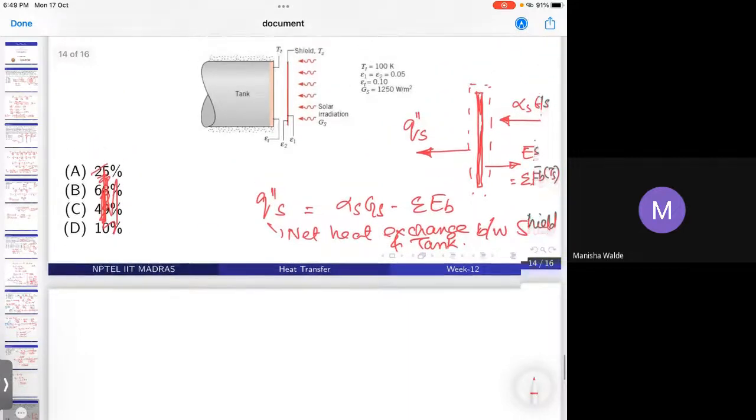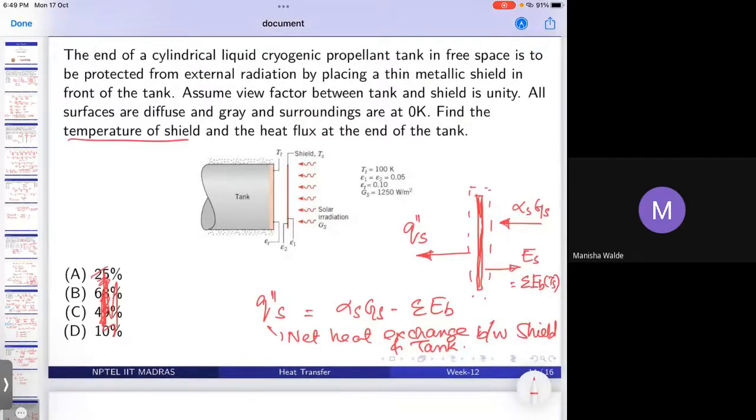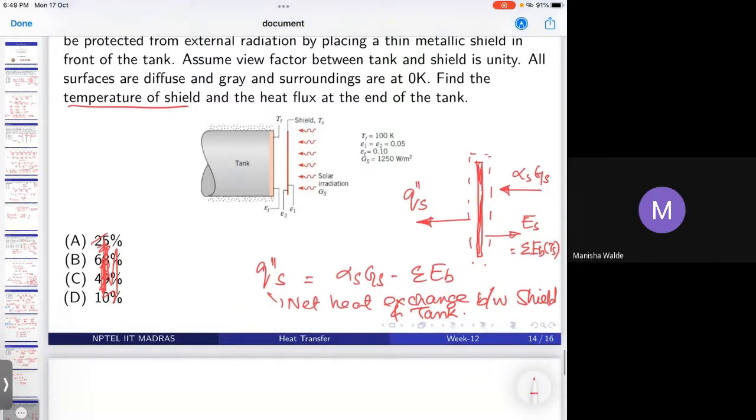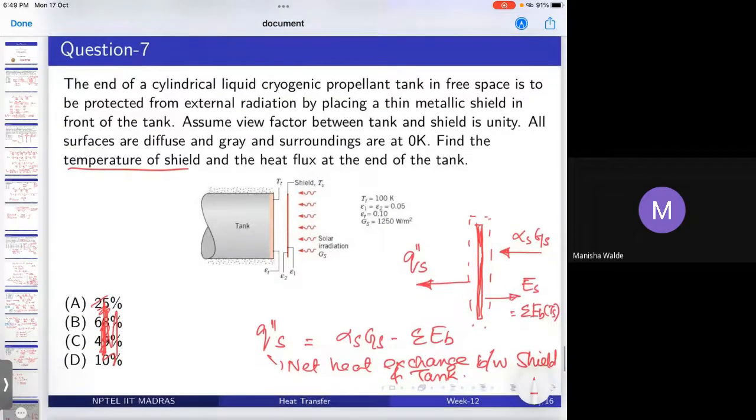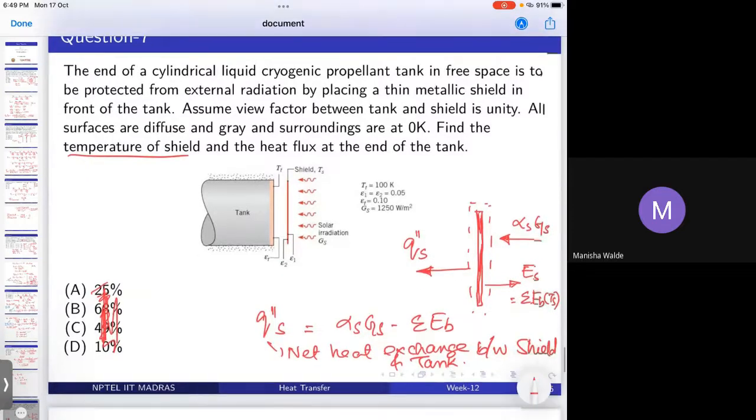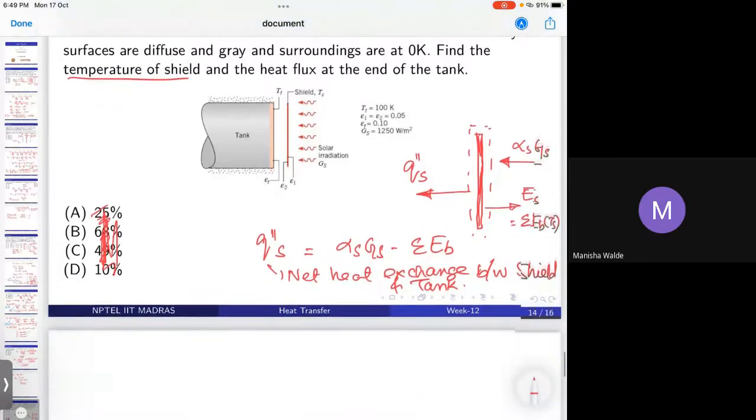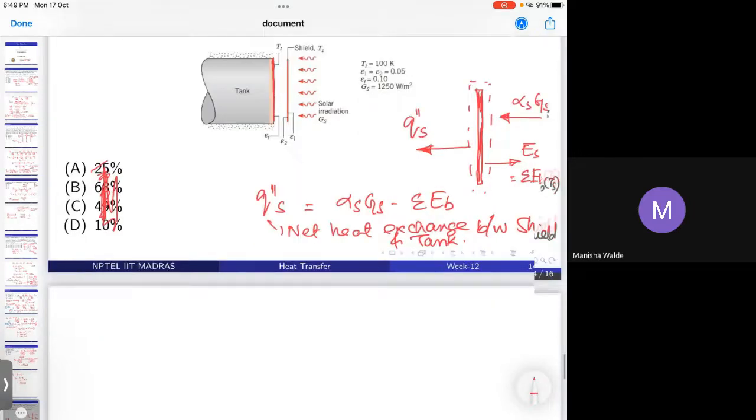Next, first question, we have to find the temperature of the shield. We are considering this shield and this tank surface as two parallel surfaces.